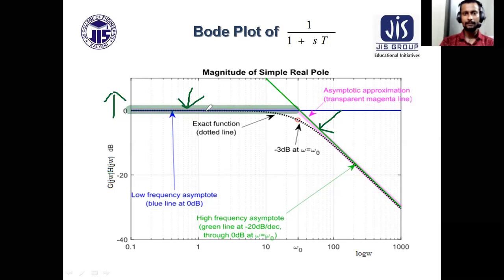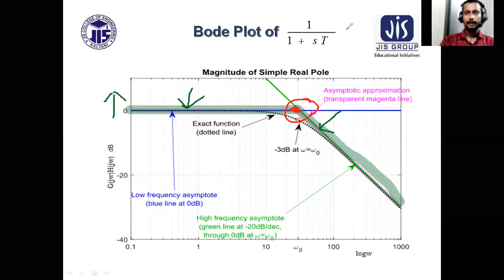So initially at low frequency, magnitude will be 0. But at high frequency, the magnitude will have minus 20 dB per decade slope. So there must be a certain frequency. This is the frequency axis, the x-axis. So there must be a certain frequency, this one, from which the slope starts. This frequency is known as corner frequency.